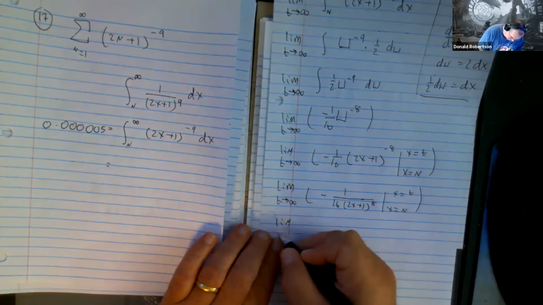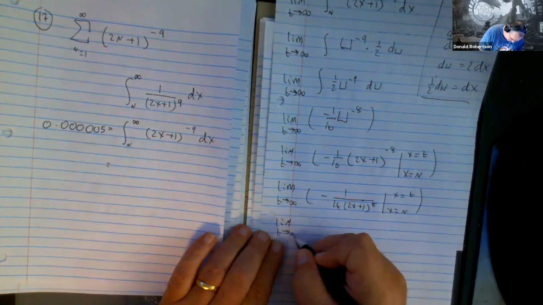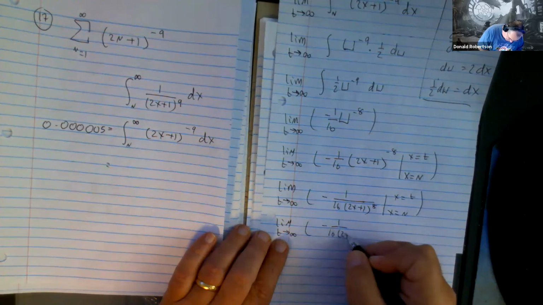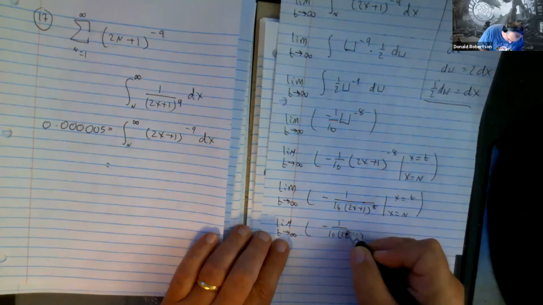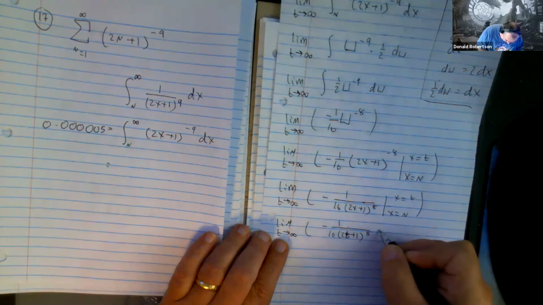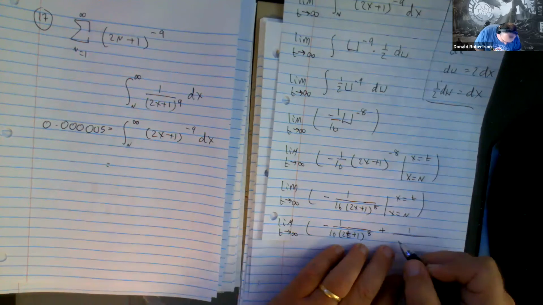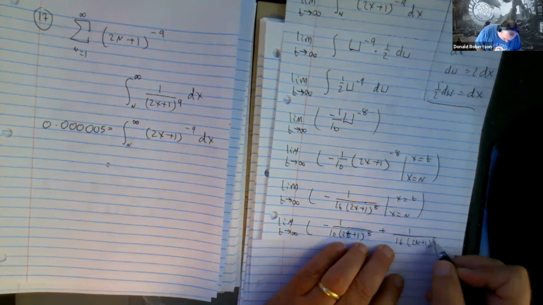Substitute in x equals t and x equals n. And you get negative 1 over 16, 2t plus 1 to the 8. Take away a negative is like adding it. 16 to n plus 1 to the 8.